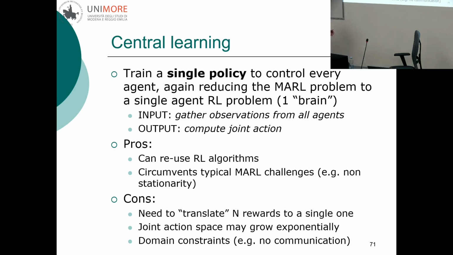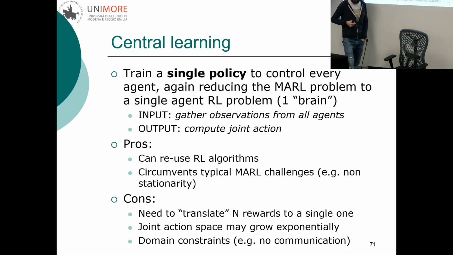Again, what are the benefits and drawbacks stemming from this interpretation of the problem? Again, we can reuse any kind of single agent algorithm, like in independent learning. But this time, it is not so easy, because we need to translate all of the ingredients of the learning algorithm from an individual agent setting to a joint setting.